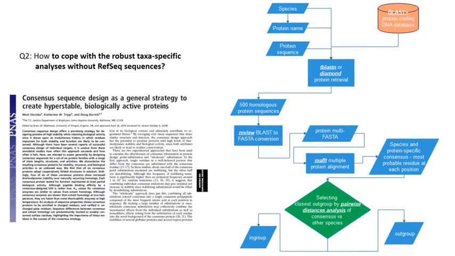Many species have no well-annotated reference sequences. So, the second challenge is to analyze data without them. How can it be done naturally?